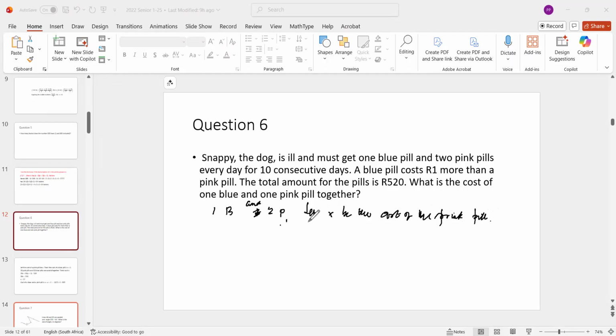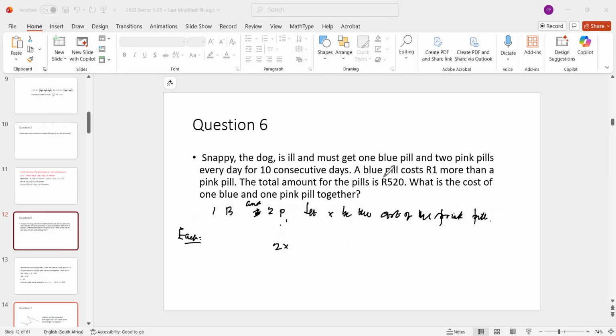All right, so in each day, the pink pill costs x for 1. So let's take 2. So it's 2x. That's the cost of the pink pills.